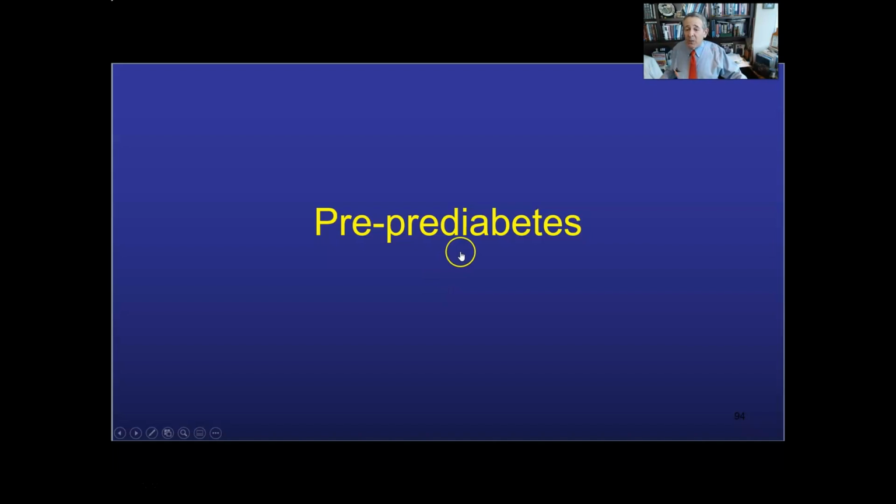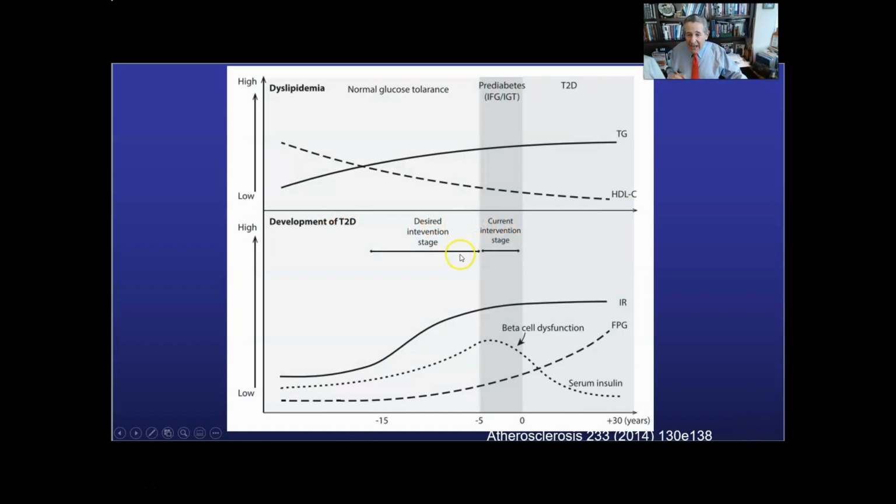Now, coming back to what we call pre-diabetes. Why do we see calcium and liver problems for years before somebody's blood sugars are abnormal? Well, here's this overloaded VLDL particle.